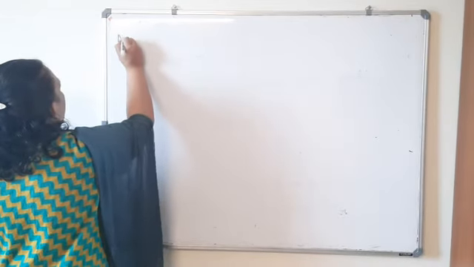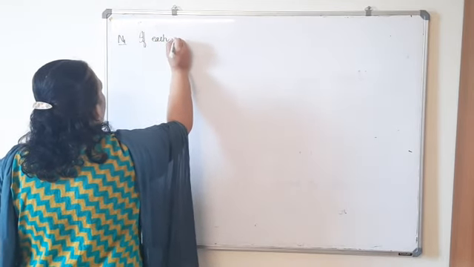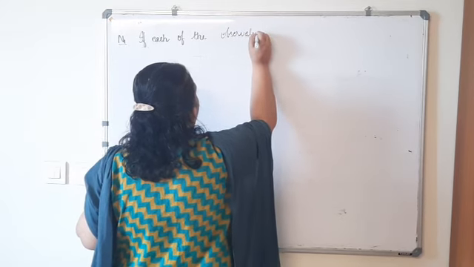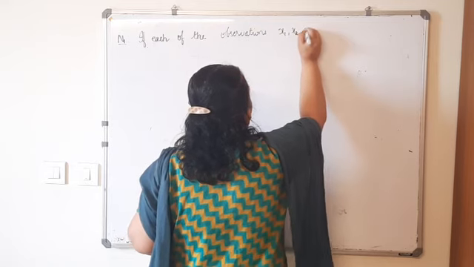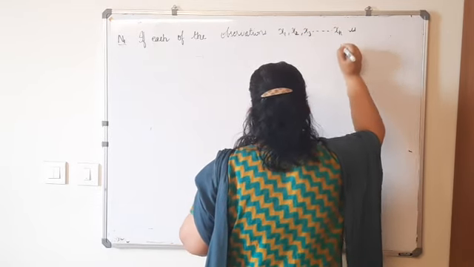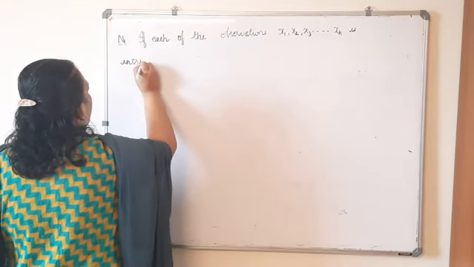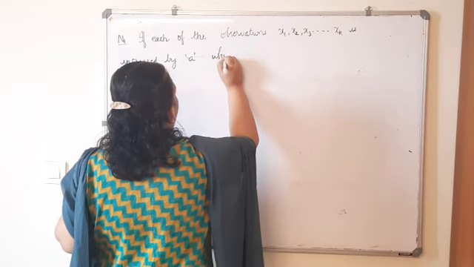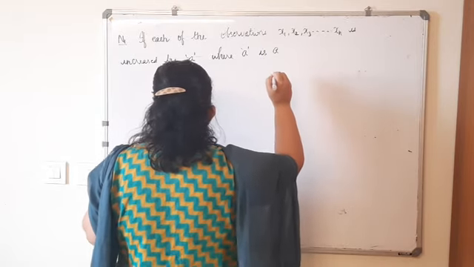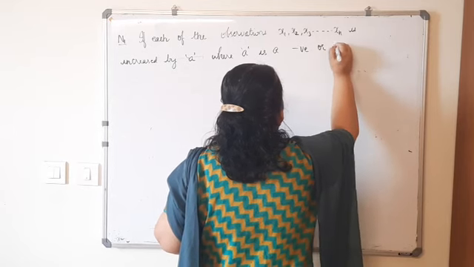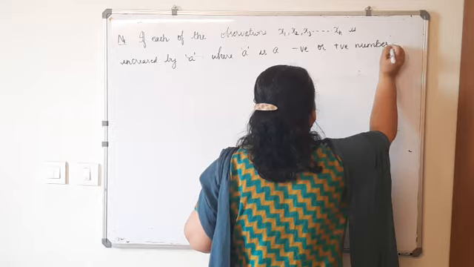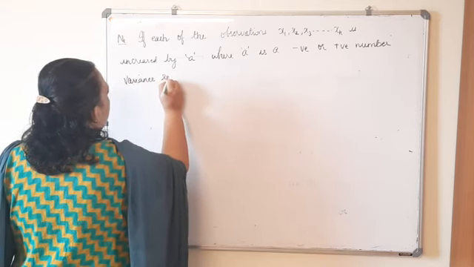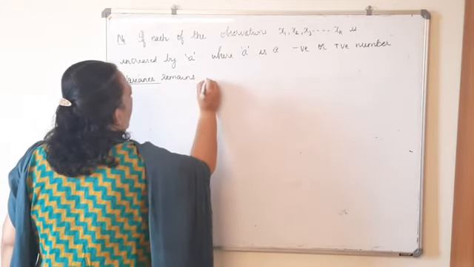If each of the observations x1, x2, x3, etc., xn is increased by a, where a is a negative or positive number, variance remains unchanged.